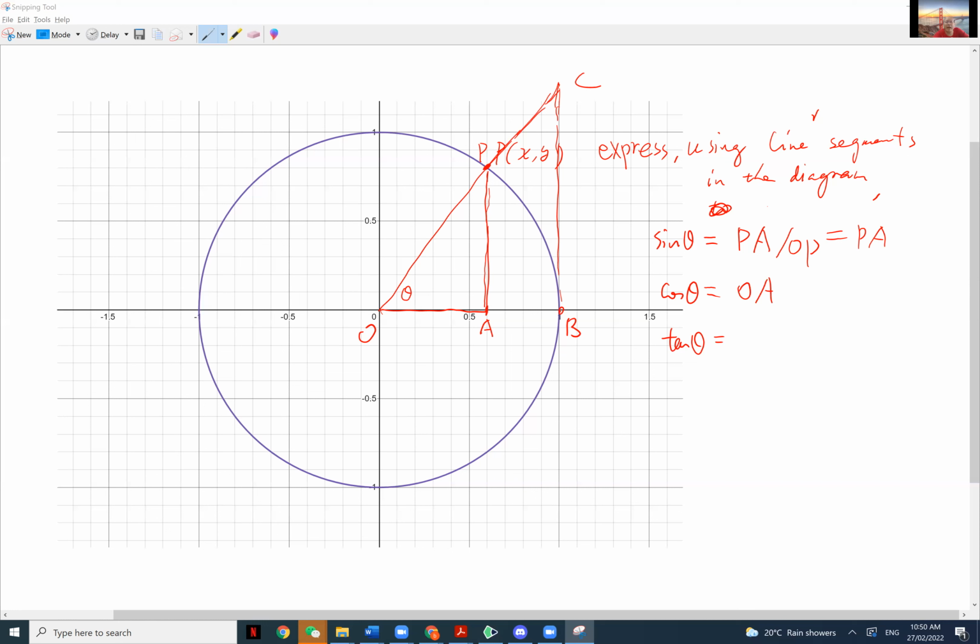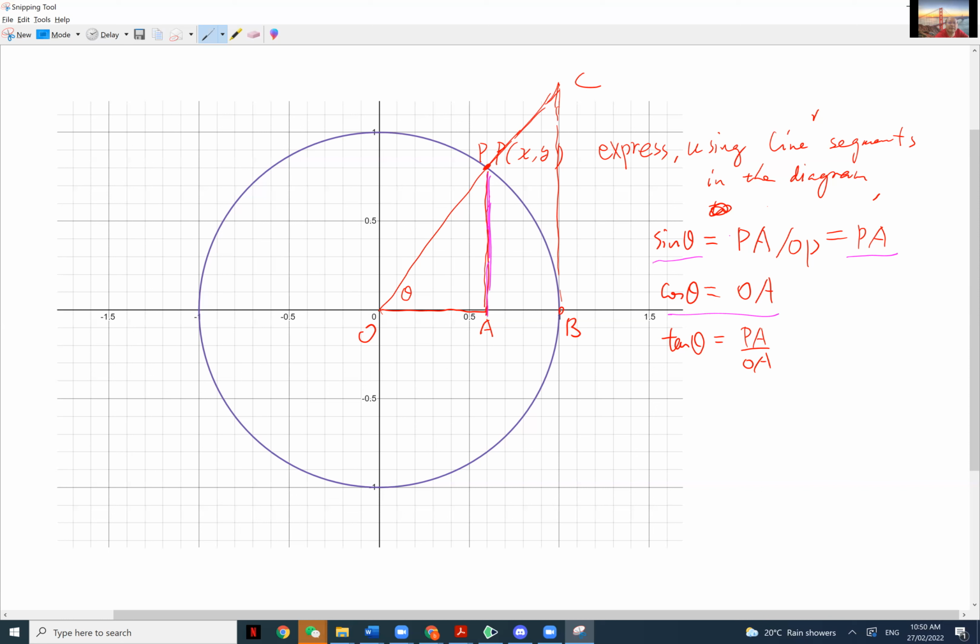Oh, if you write PA over OA, that's correct, but that's not a line segment. We need just a piece of line in the diagram. For sine, just here.